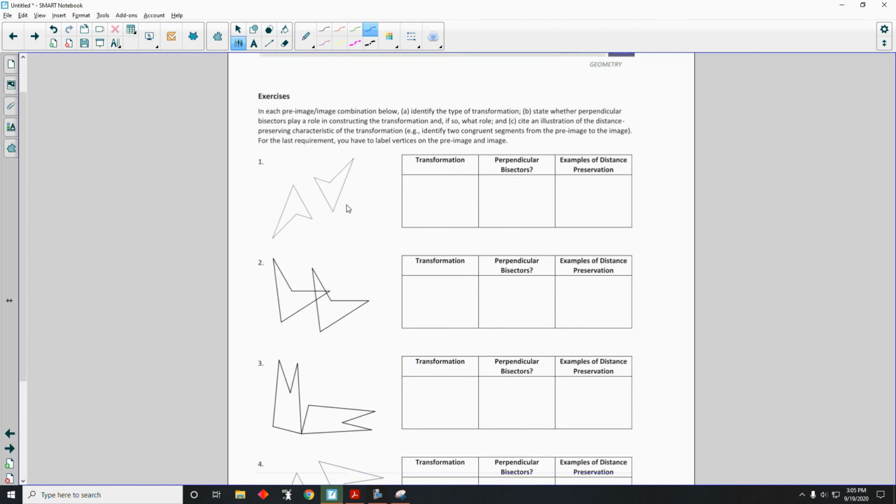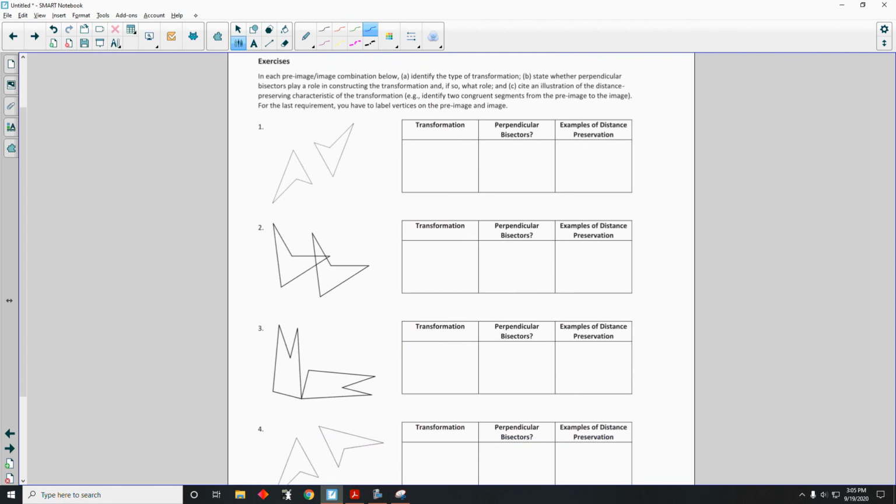Okay, page 4 brings us to an exercise. So now it's your turn. Pause the video, see if you can do this, and then come back. But if you want to wait for me to read the directions, then pause, please do. In each pre-image combination below, A, identify the type of transformation. B, state whether perpendicular bisectors play a role in constructing the transformation, and if so, what role?